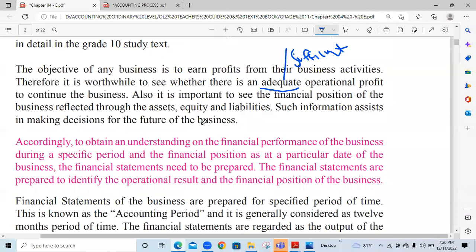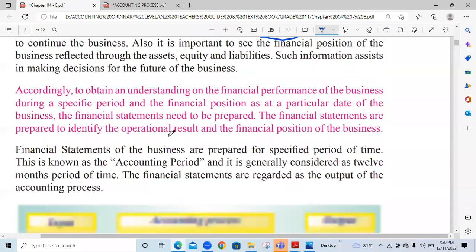So now the users, the stakeholders, really want to know about the value of assets, equity, and liability of a business, so that they can make proper future decisions. So guys, that is why we prepare the statement of financial position.